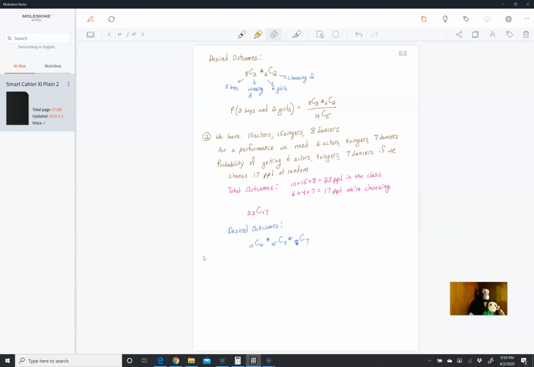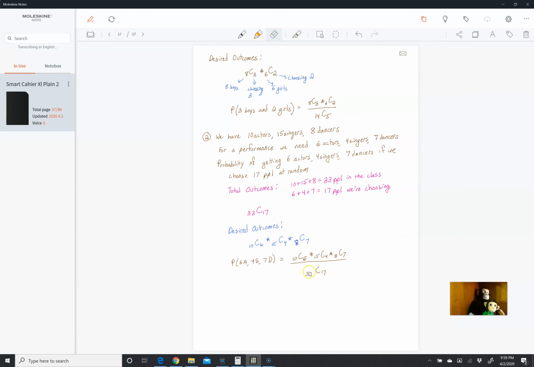Now, if we want the probability of getting 6 actors, 4 singers and 7 dancers, this is going to be 10C6 times 15C4 times 8C7 over just putting all 33 people in the room and choosing 17 of them.